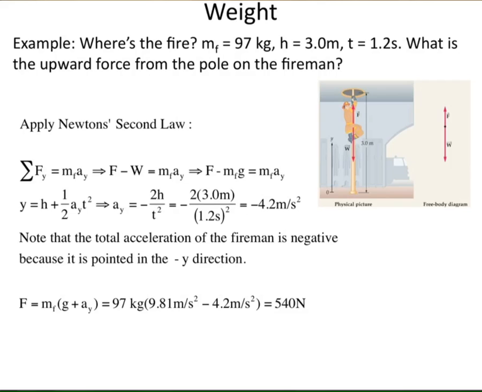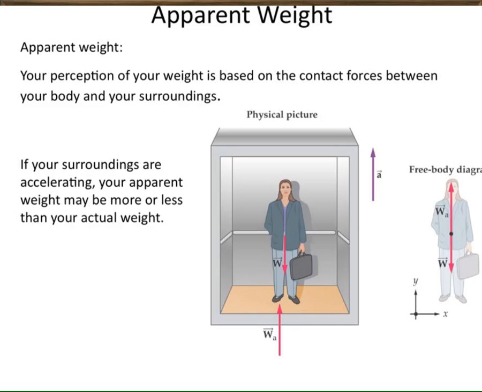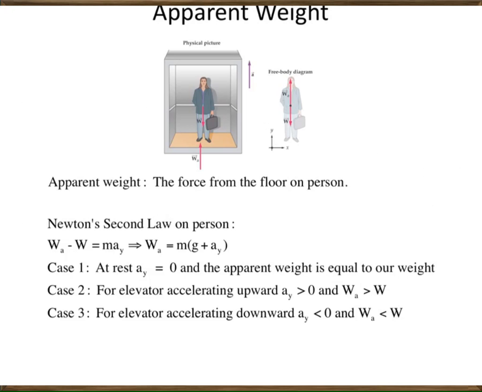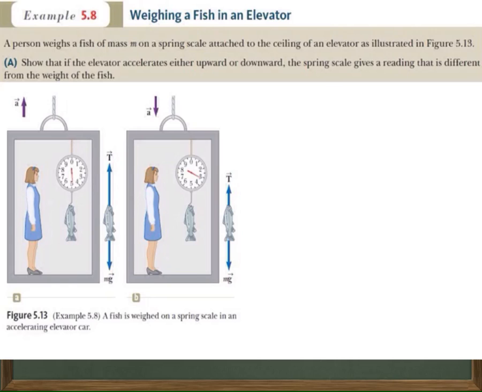It's a simple example. You will just calculate the force applied on a firefighter when he's going down. But there is another interesting place, in the elevator. The weights can be different just when the elevator starts its motion and ends its motion.